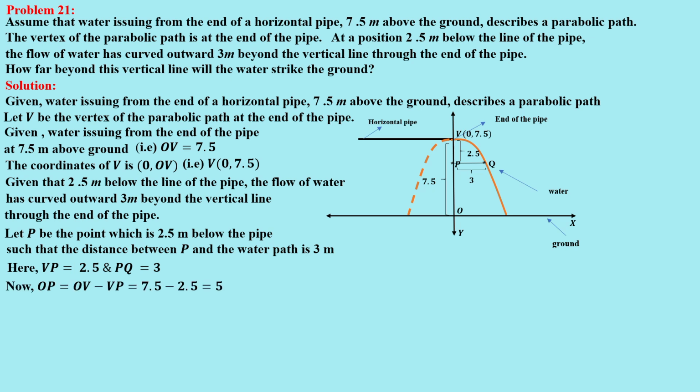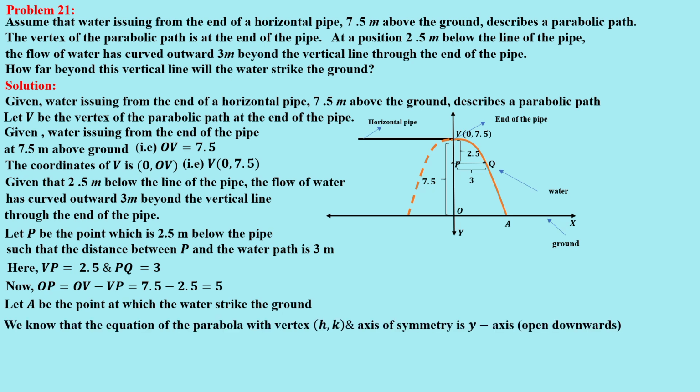Now OP is equal to OV minus VP, that is equal to 7.5 minus 2.5, that is equal to 5. Let A be the point at which the water strikes the ground. We know that the equation of the parabola with vertex (h, k) and axis of symmetry the y-axis, opening downwards, is (x minus h) whole square is equal to minus 4a (y minus k).